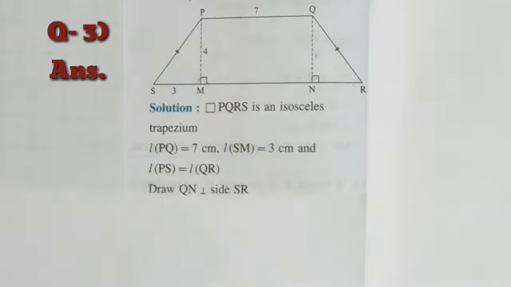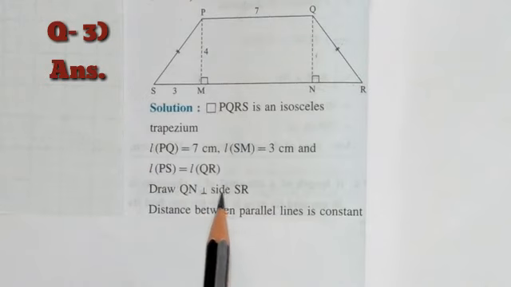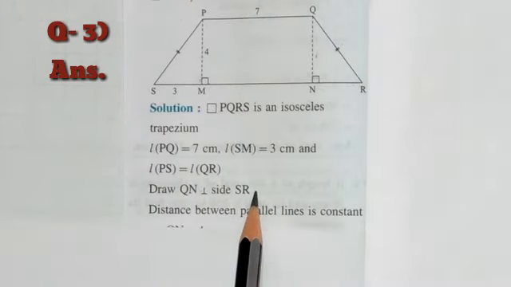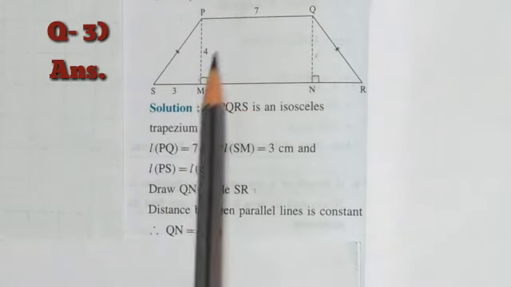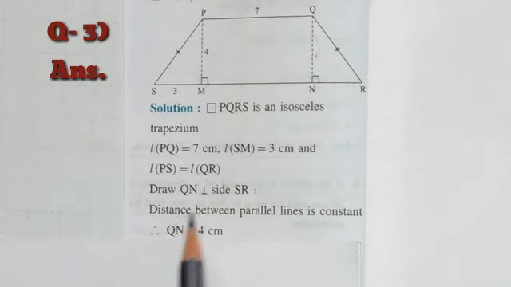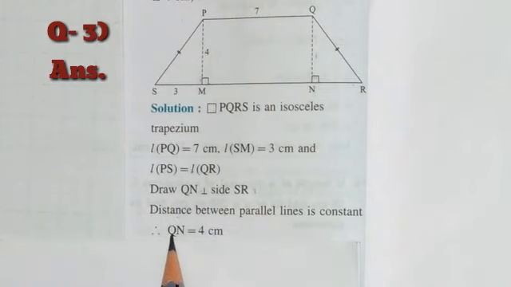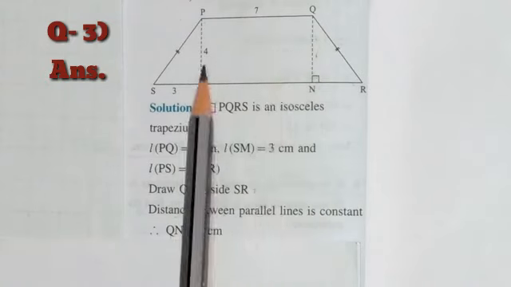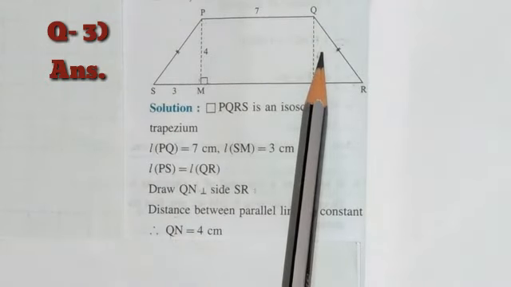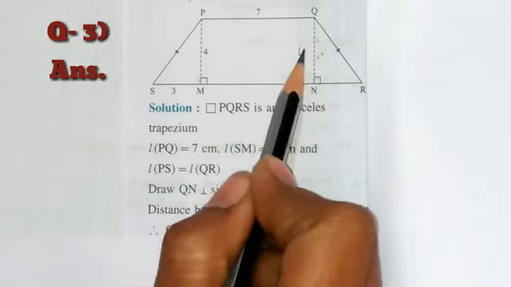Now students, we have to write properly that we are going to draw QN, which is perpendicular to the side SR. Here the distance between these two is 4 centimeter. The distance between parallel lines is constant. Therefore QN is equal to 4 centimeter, as PM and QN have the same measurement. Therefore this one is also 4 centimeter.